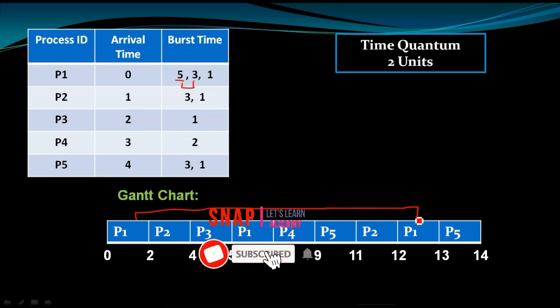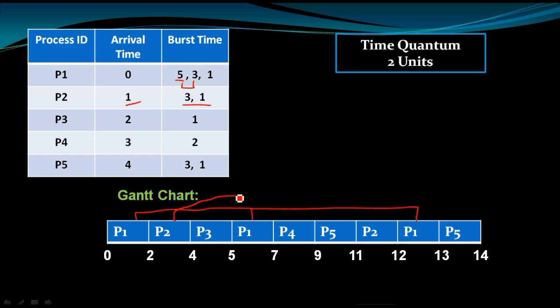Similarly, P2, which arrives at 1 nanosecond, gets the second time quantum, and thereafter gets a next time quantum after P5, because P5 arrives at 4 nanoseconds, so at this point all the processes are in the queue.